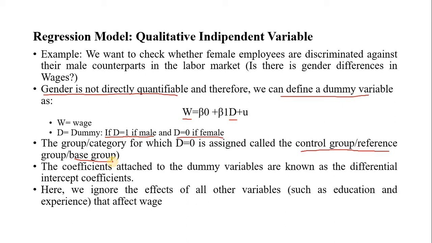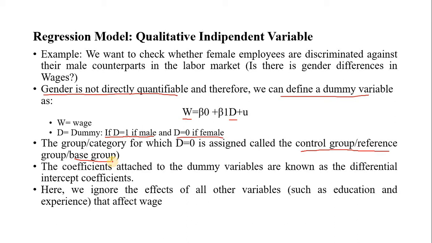You can also assign 0 for male, no problem, but you have to keep in mind which one you assigned 0, because when you interpret the result, the category for which 0 is assigned is very important. The category for which the dummy is equal to 0 is called the control group, reference group, or base group.